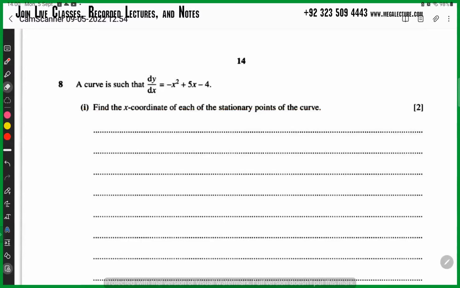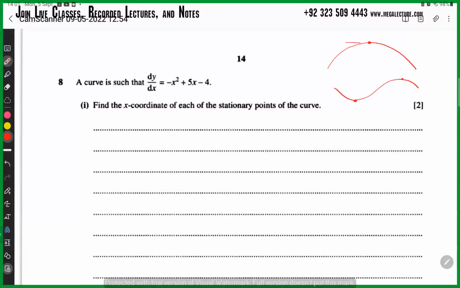Now we know one thing since you already have some basic idea. If this is a curve, this is its maximum point, not only the maximum point, the stationary point as well. If this is a curve, these are basically the stationary points. Stationary points are the points of the curve where the gradient is zero. And why is the gradient zero? Can anyone tell me?